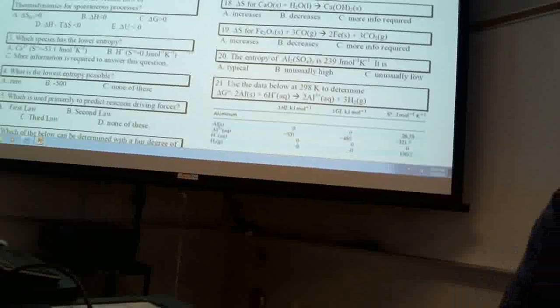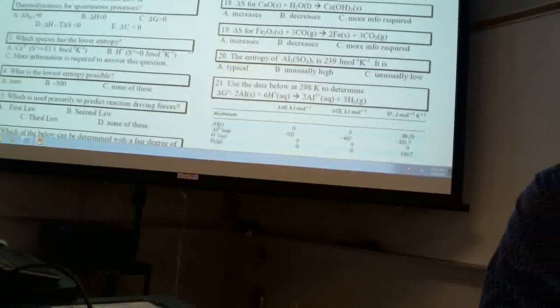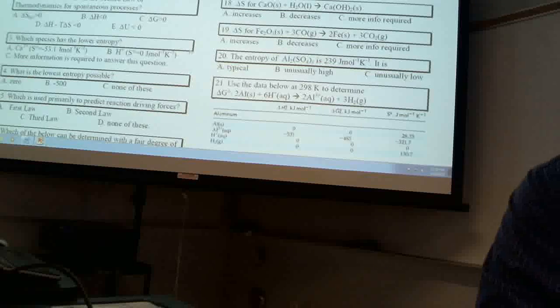It's going to be 0. If there were a not enough info answer, what would it be? Even including it, if it still had 0 and negative 500, I'd still pick A, because you know for sure 0 is the absolute lowest entropy you can have.